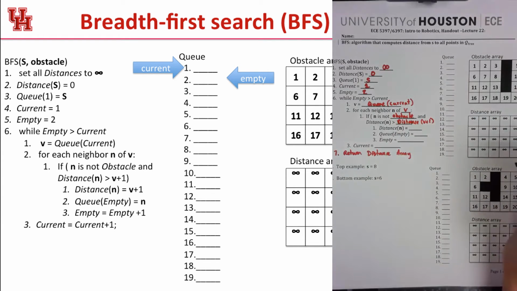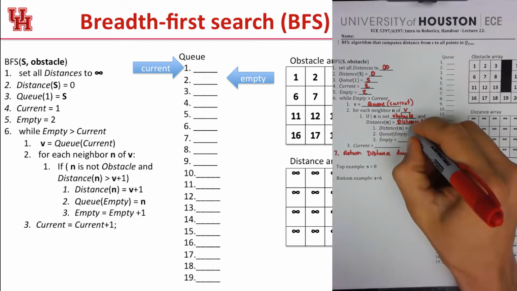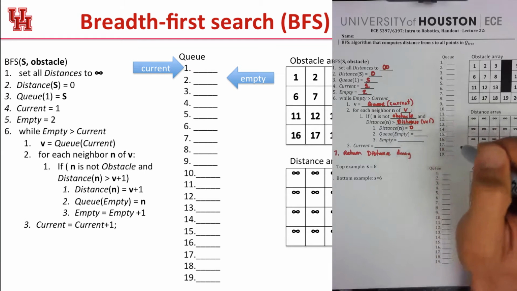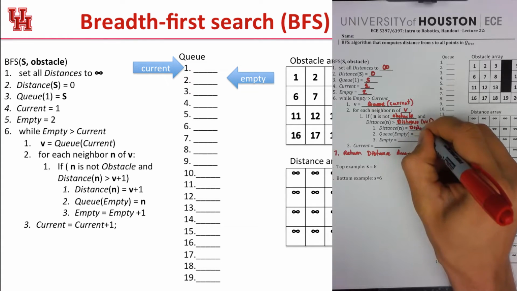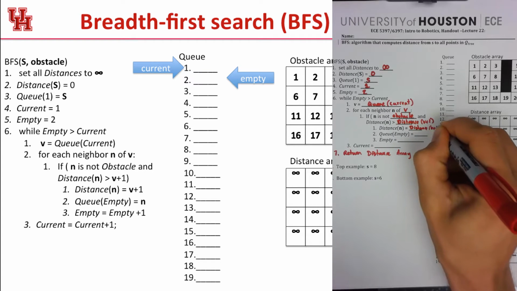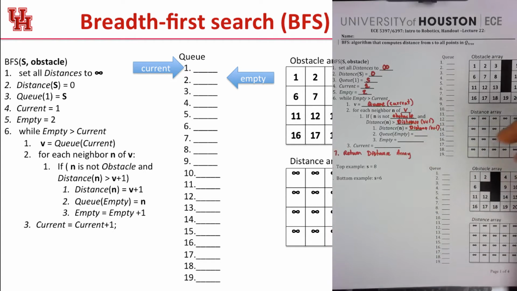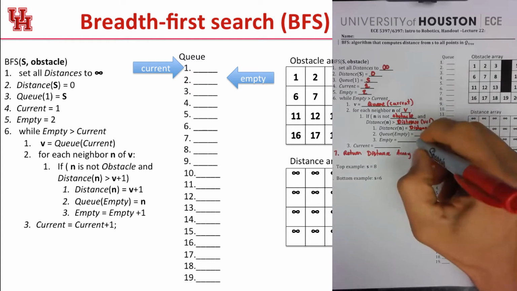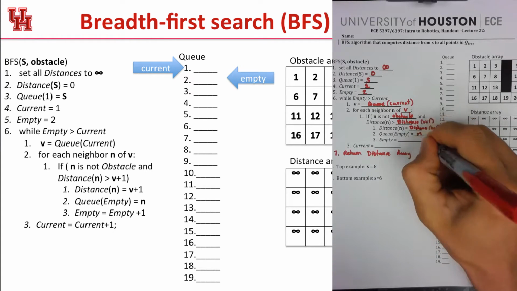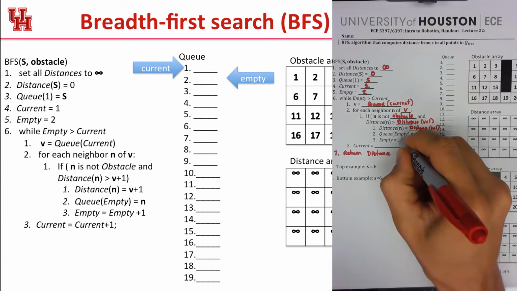If that's true, then what I'll do is I'll set it, and we'll say, hey, we can get there faster by getting there from our current node. The next thing we'll do is I'm going to put that value into my queue. So I'm going to put n into queue, and then I'm going to increment my empty pointer.